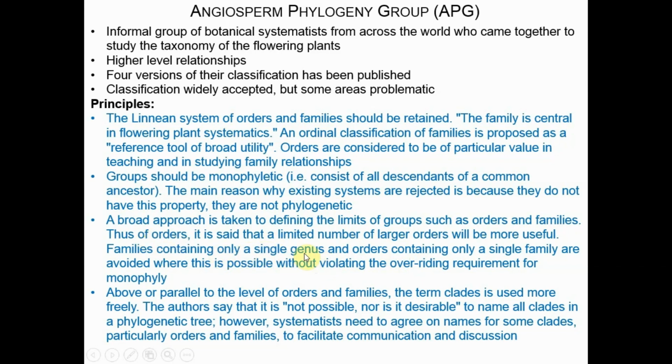So they don't have families containing only a single genus or orders containing a single family, although this is not necessarily the correct procedure. And then they only follow Linnaean classification to the level of orders, and above that they have informal nomenclature that they apply to groups.